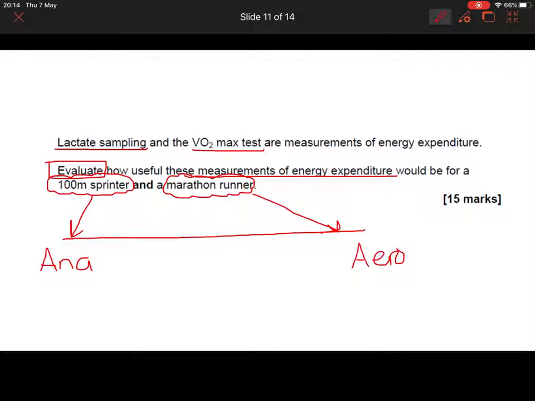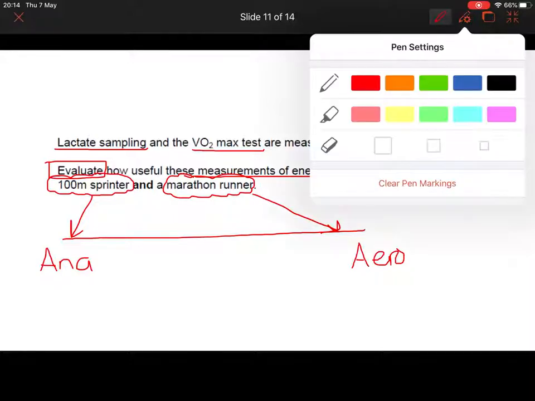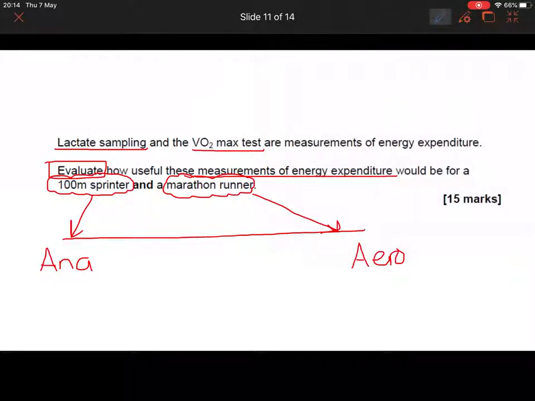That being said, that would hopefully help you now to try and figure out, and the final key word for me, I'm going to change my colour, is this word here. Useful.